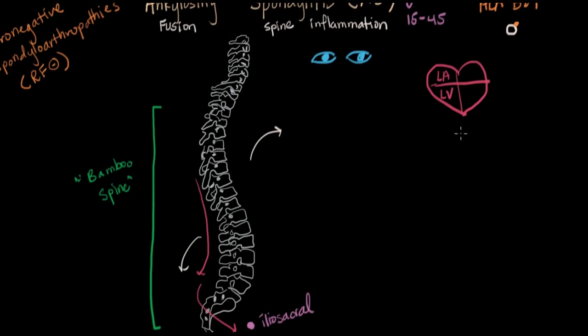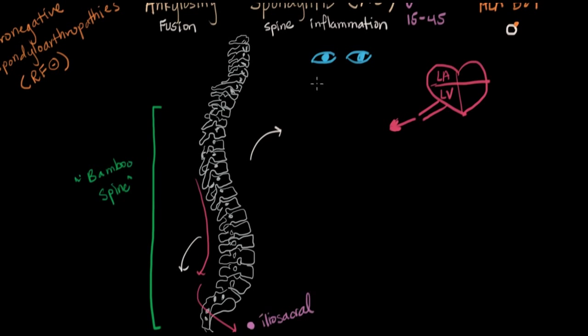This is not anatomic because technically the aorta comes kind of above the heart, comes out this way. But just drawing our little cartoon here just to show you, the aorta is this pipe that comes off of the left ventricle and it pumps blood to the whole body. This is where oxygenated blood, or we think of red blood with oxygen in it, reaches the rest of the body. So if we have inflammation in the aorta here, you'll see it leads to cardiovascular problems.